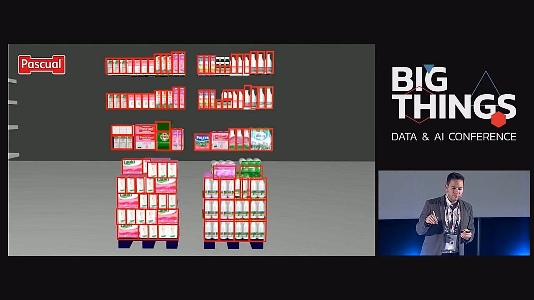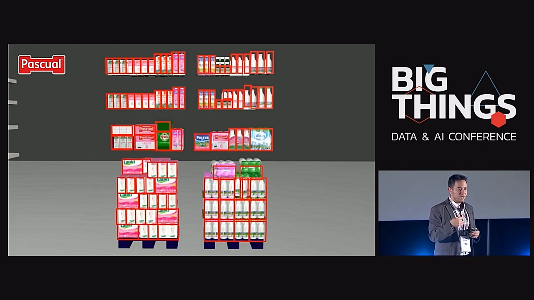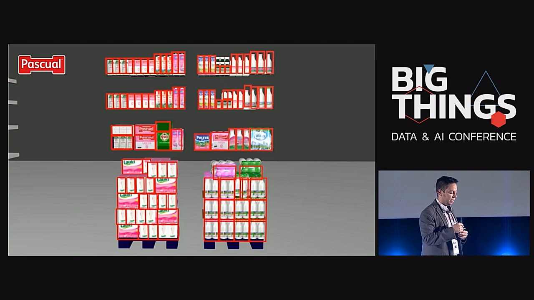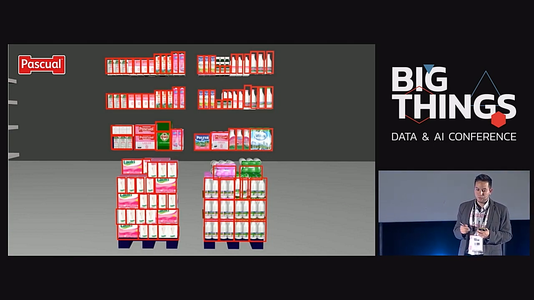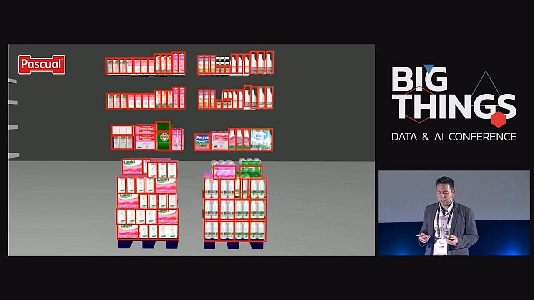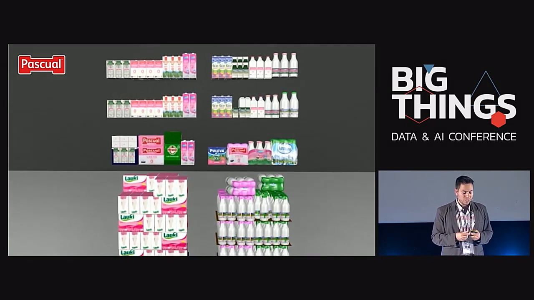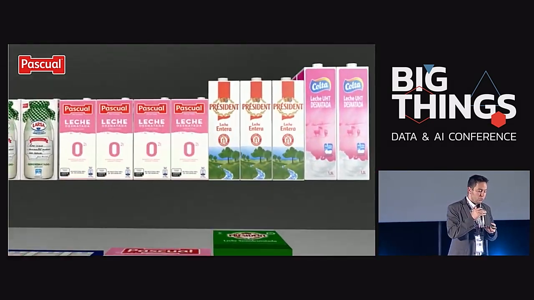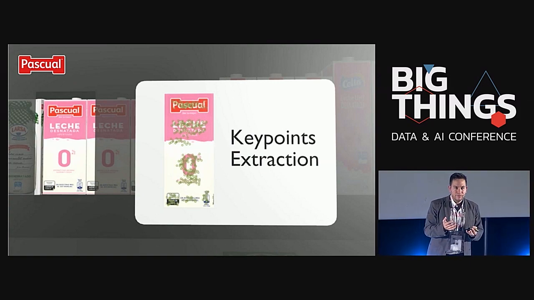So first of all you need to segment all the images to take all the important information. You have to remove the shelf so you can calculate the height. And it's also important to realize that there are some products that will change along the path, but I'll let you see that later on. Once you get the product, you will extract the key points, or the key features, of the product.